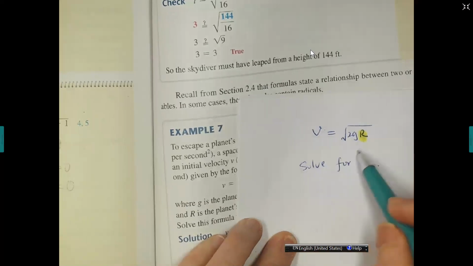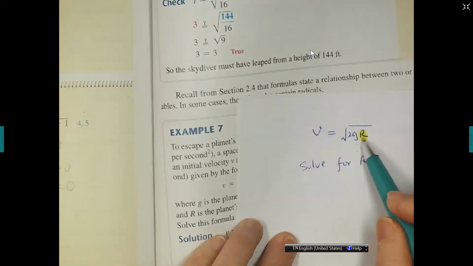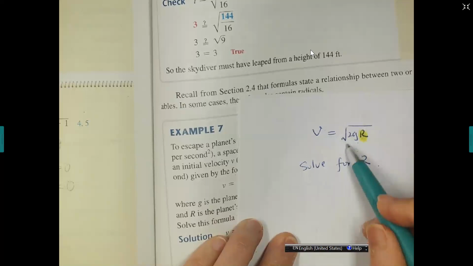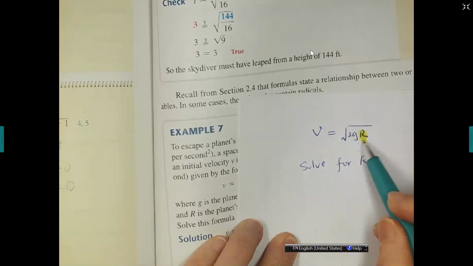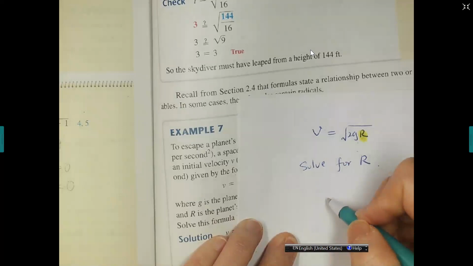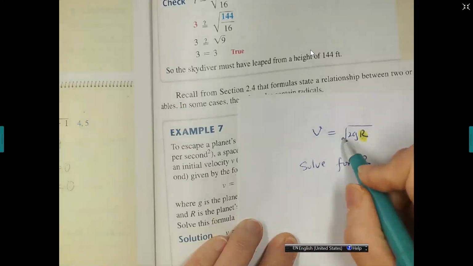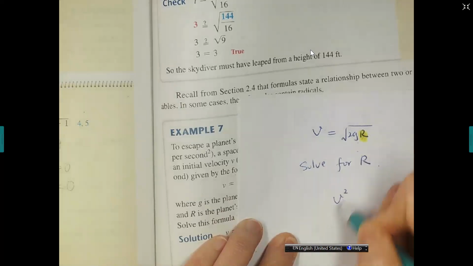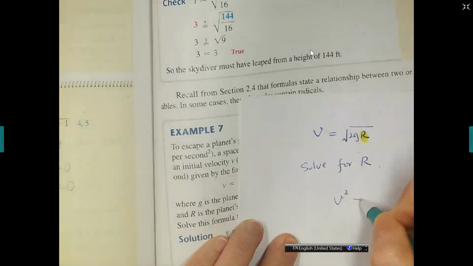Going back here, the unknown is staying inside the radical symbol. What do we need to do? Get rid of the radical symbol. How can we get rid of it? Square both sides. Given the original equation, I square the left side, v squared, and then square the right side, 2gr.